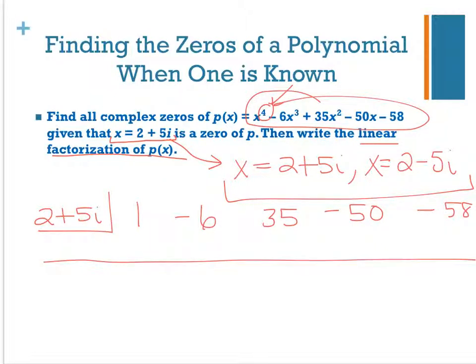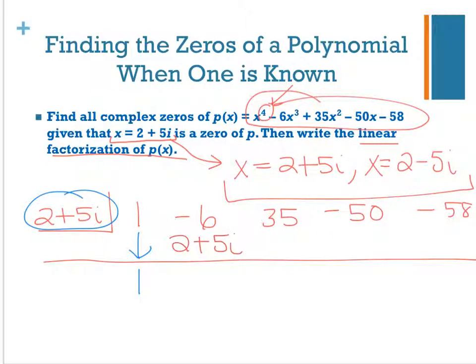And when I carry out synthetic division, this is going to be a little more difficult because of the nature of our divisor. So I start the process the same. I carry down my 1, and I'm going to multiply this 1 right here by my divisor 2 plus 5i. So when I multiply 1 times 2 plus 5i, I get 2 plus 5i.